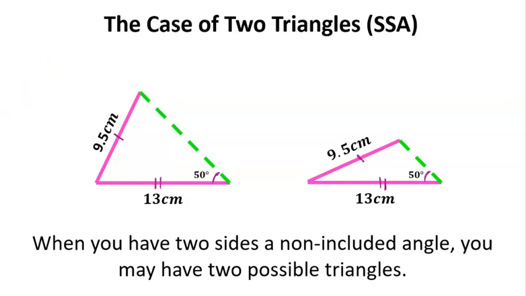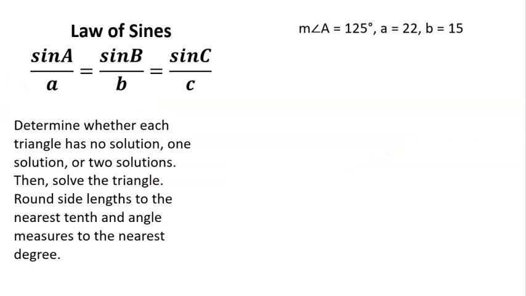So now let's kind of look at the law of sines in a different way. So now we're going to talk about whether we have no solution, one solution, or two solutions. We have those two different triangles. And so let's look at this triangle here. So when I go to do these triangles, I usually just draw out a triangle. It doesn't have to be any certain type.